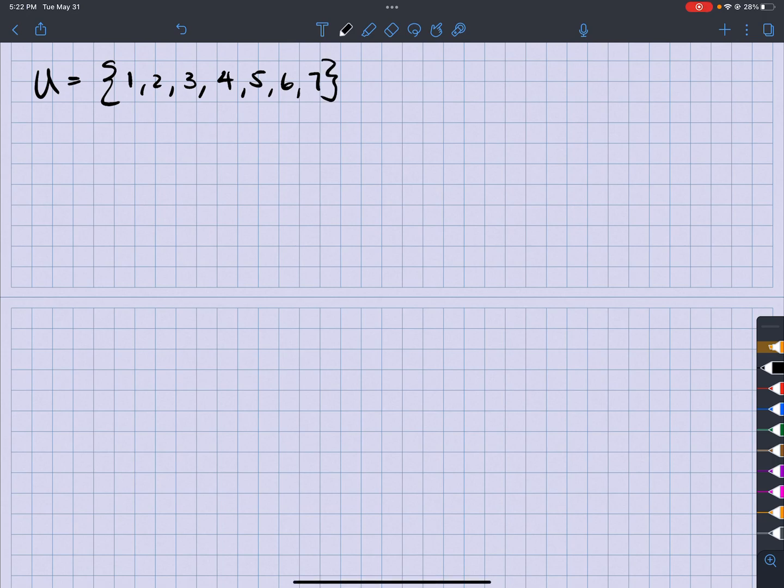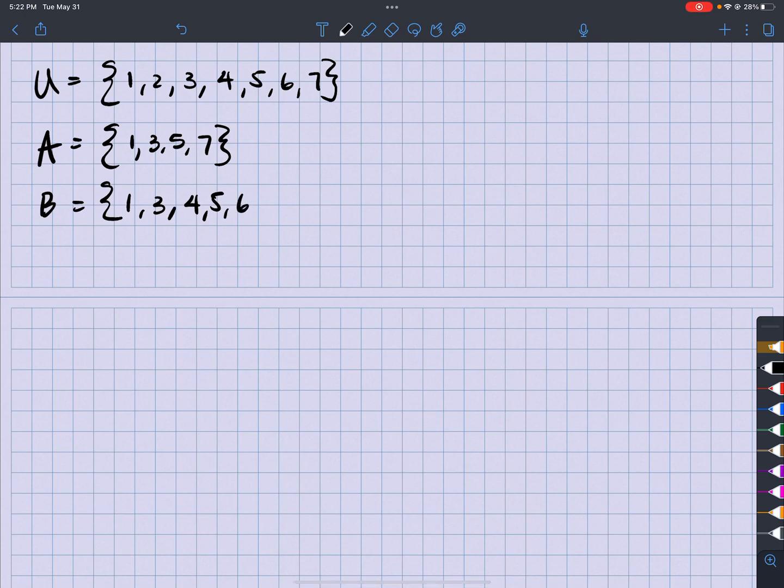Okay? And then A is equal to 1, 3, 5, and 7. And B is equal to 1, 3, 4, 5, and 6. Okay?